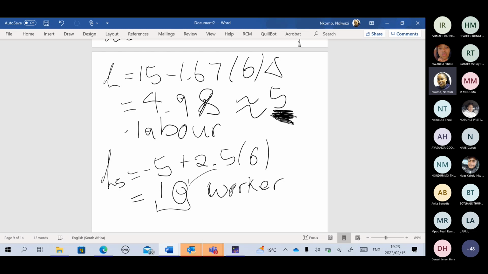Do we have questions? Yes, ma'am. I see this example is similar to the one on the price floor. So could we also term this example a wage floor? Yes.